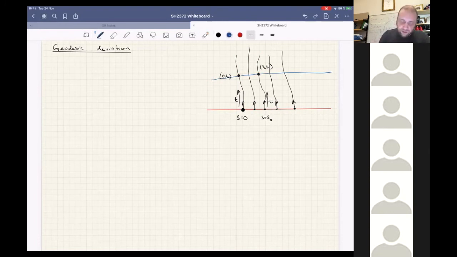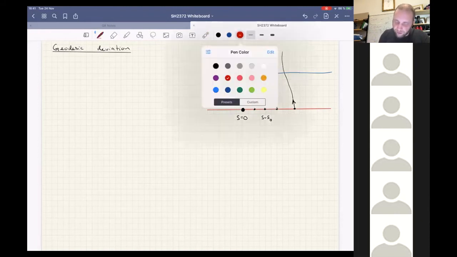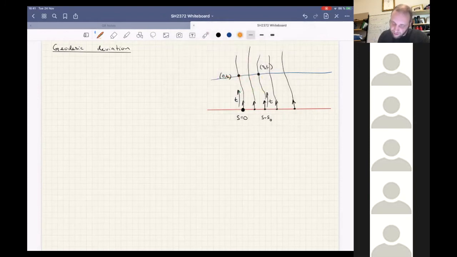So we can now consider two nearby points here. I'm going to take two nearby points, and they're going to be separated by some vector x. So some displacement x.